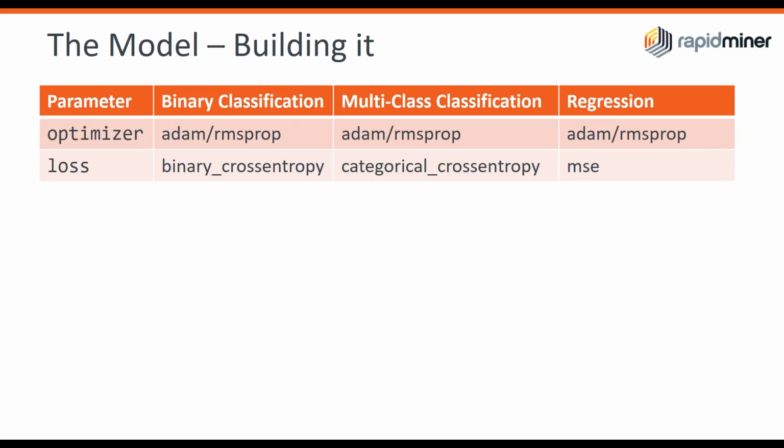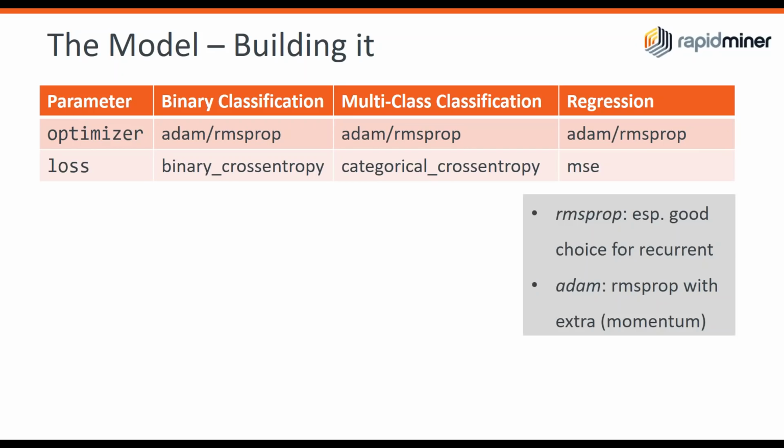Then it's often a good idea to use Adam or RMSprop as an optimizer. These are options inside the Keras extension. And then you always need to change the loss that is used to check how good you are. And so we have binary cross entropy for binary classification, categorical cross entropy for multi-class classification, and mean squared error, so MSE, for example, for regression.